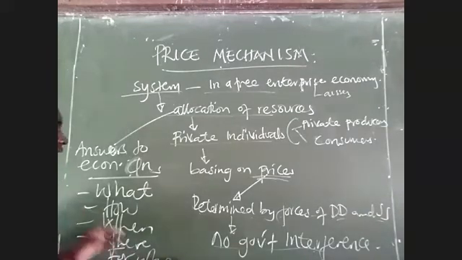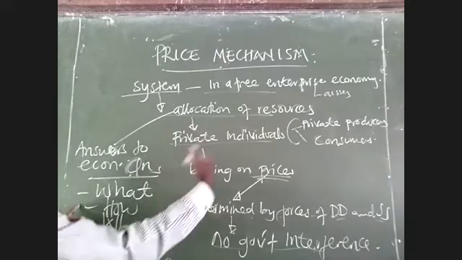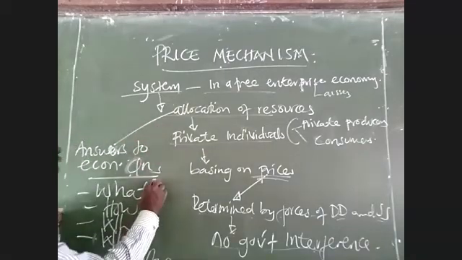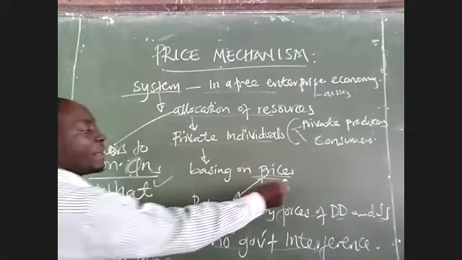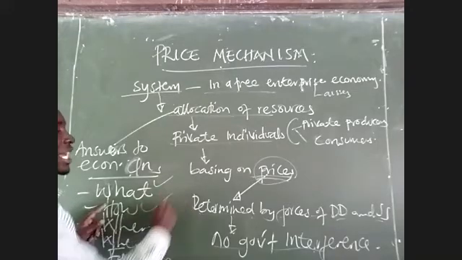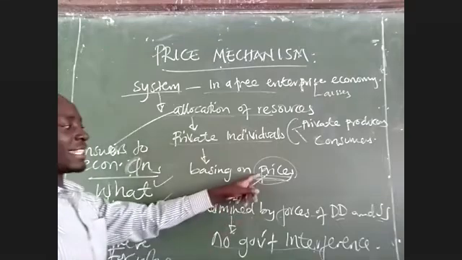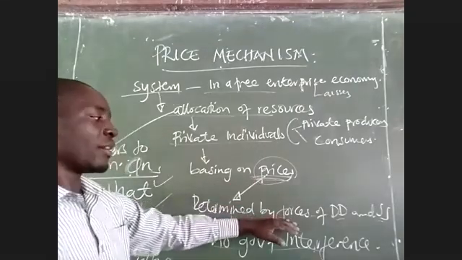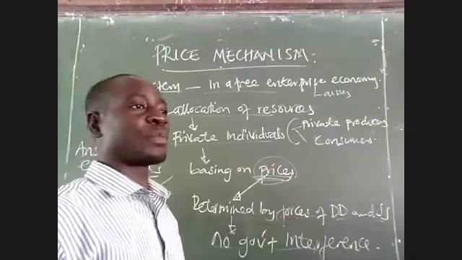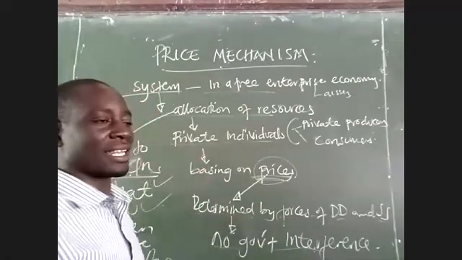When we are providing answers to these questions, then we are allocating resources. When these private individuals are determining what commodity to produce, they depend on prices. When they're determining how to produce that commodity, they again base it on the prices of commodities, but these prices are determined by forces of demand and supply without government interference. So that is a price mechanism.